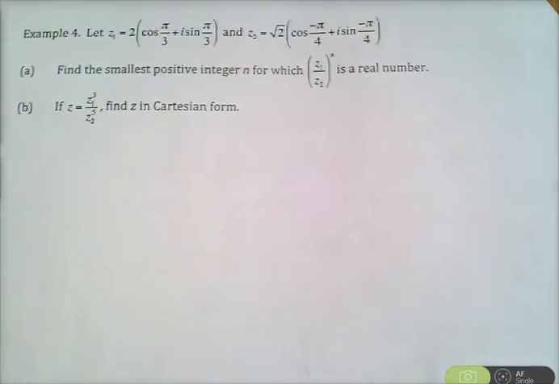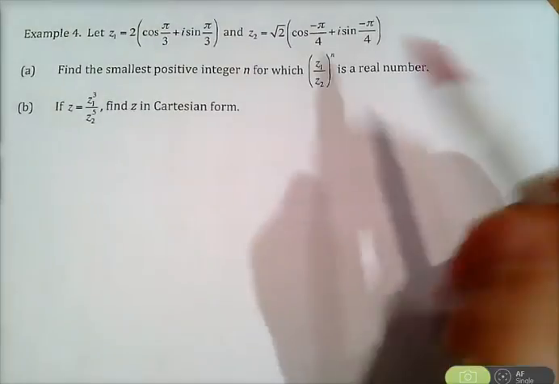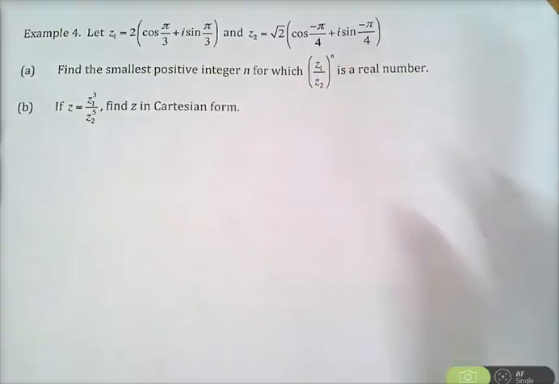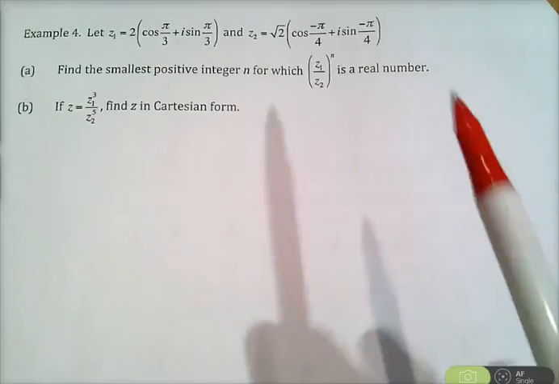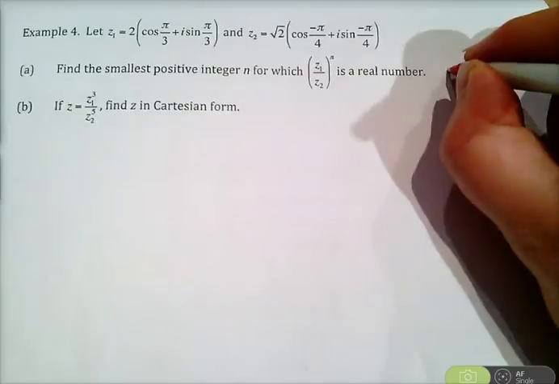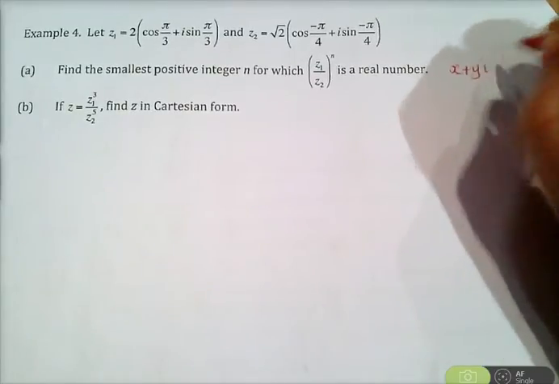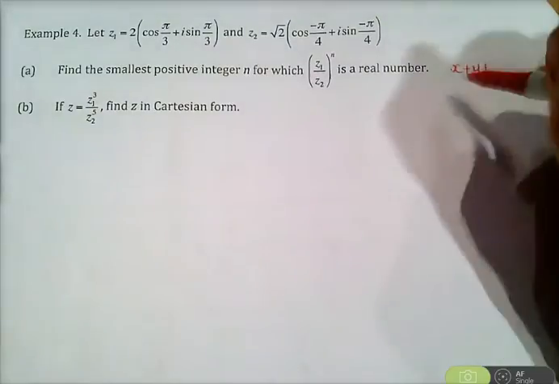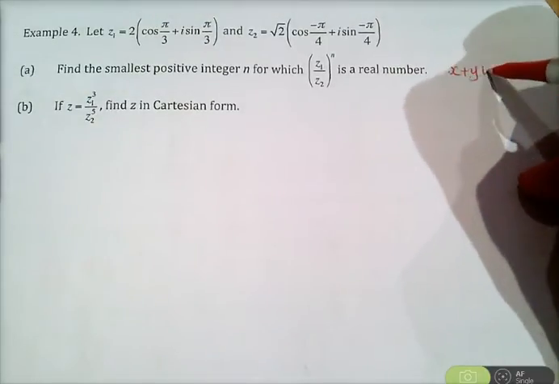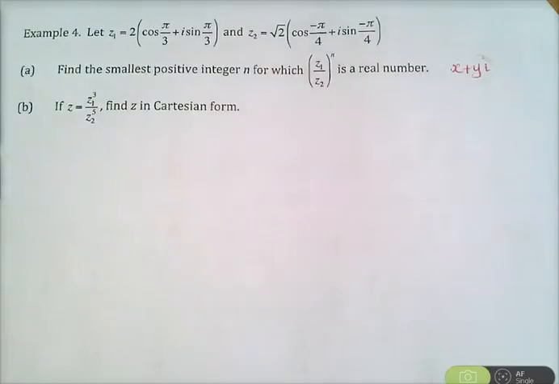So what we need to do is make sure that the argument of Z1 over Z2 is 0. That is the only way that (Z1 over Z2) to the power of n is going to be a real number. Because if you've got x plus yi, and that would be the complex number that you end up with, for it to be real, there is no imaginary component. So we're just going to look at the argument of Z1 over Z2.